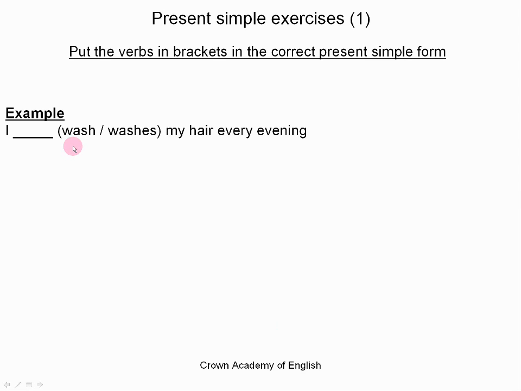So you have to put in there either I wash or I washes my hair every evening. So you have to decide which of the two forms is correct here. So can you have a guess?